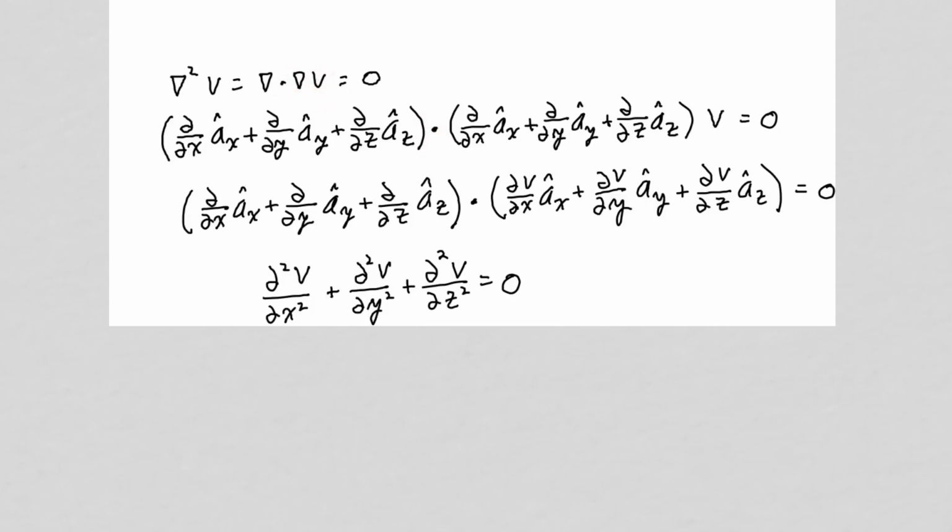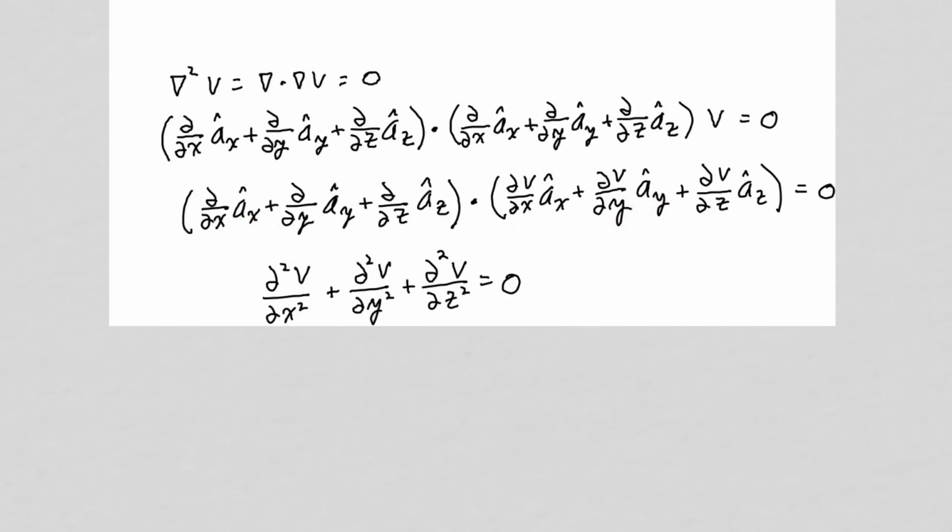So this operation of the gradient gives us this form right here. And now when we take the dot product, ax dot ax is 1, so we'll have the partial with respect to x of the partial of V with respect to x, which is just the second derivative of V with respect to x squared. Then ax dot ay is 0, ax dot az is 0.